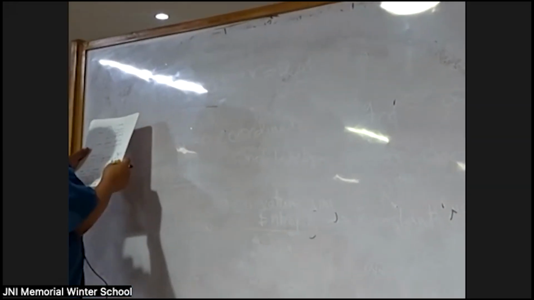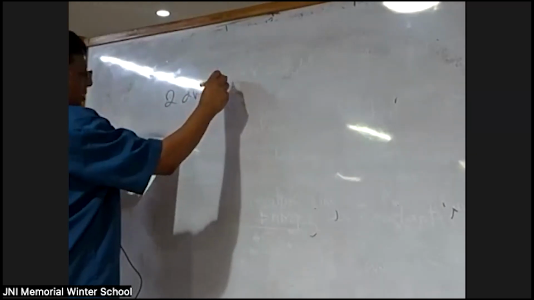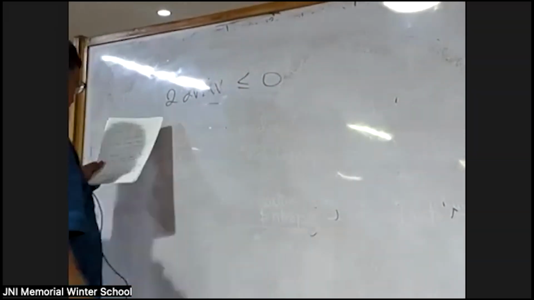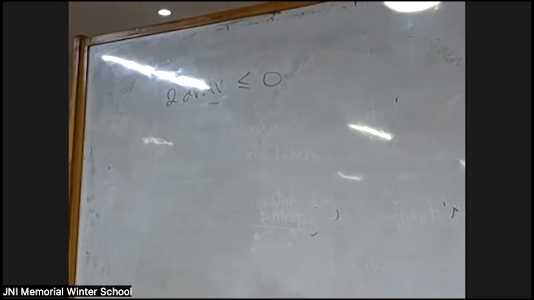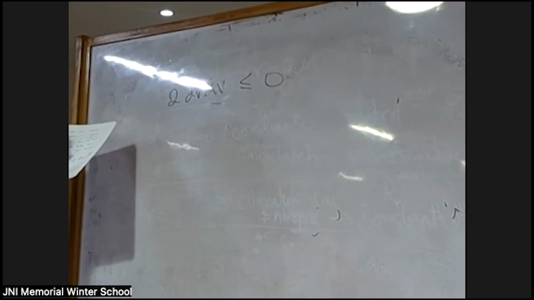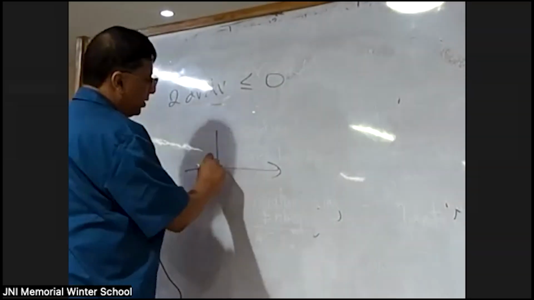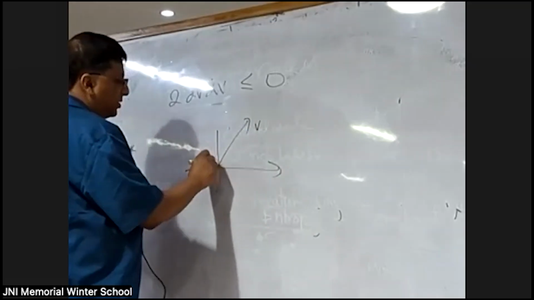So the upshot of all this is that we have 2 dr dv is less than or equal to 0. Now, remember that when we went to light cone coordinates, this is v and this is u.